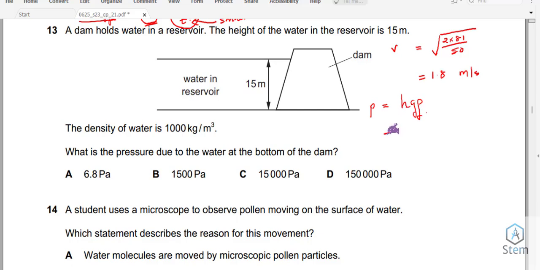So substituting the numbers, h is 15, g is 10, and rho is 1000. That gives us 150,000. So our answer is 150 kilopascals, or 150,000 pascals.